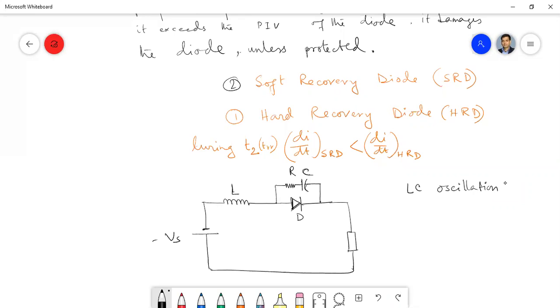So if you have any doubt, then I can discuss. So have you understood this point? Yes, sir.